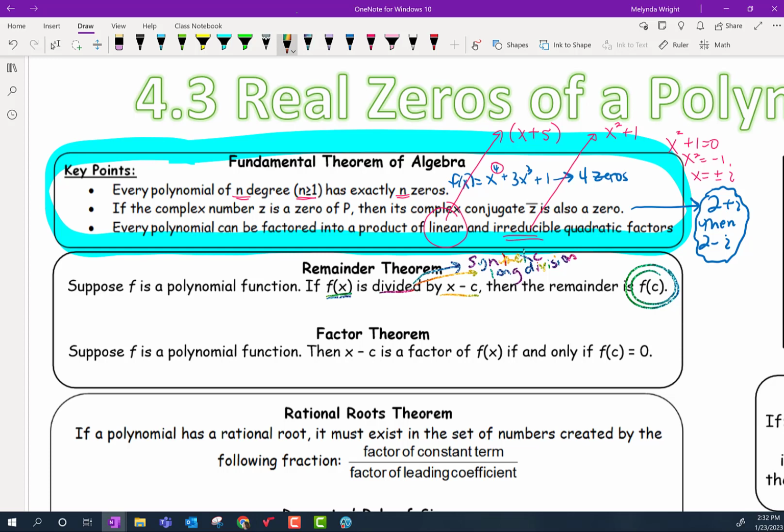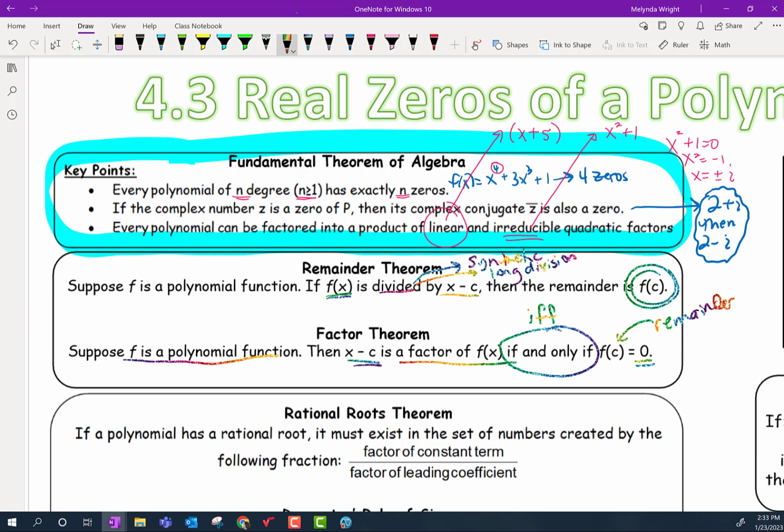The factor theorem tells us that if f is a polynomial, then x minus c is a factor of f if and only if. Our fancy notation in math, we usually put iff for if and only if, f of c, which is the remainder, is 0.